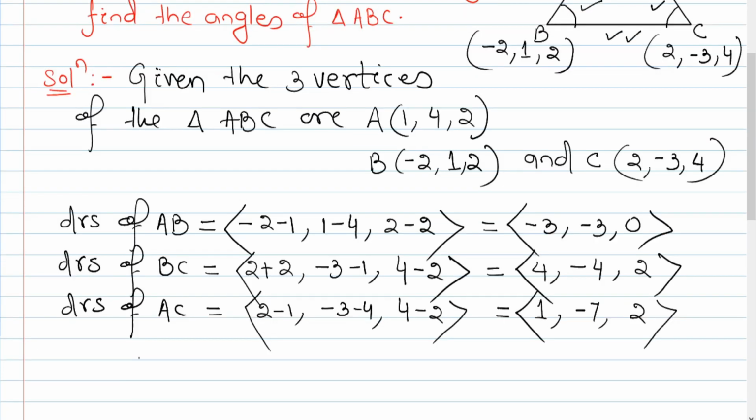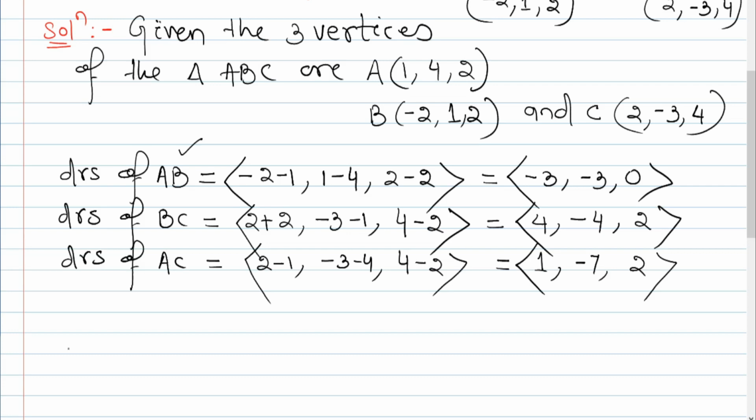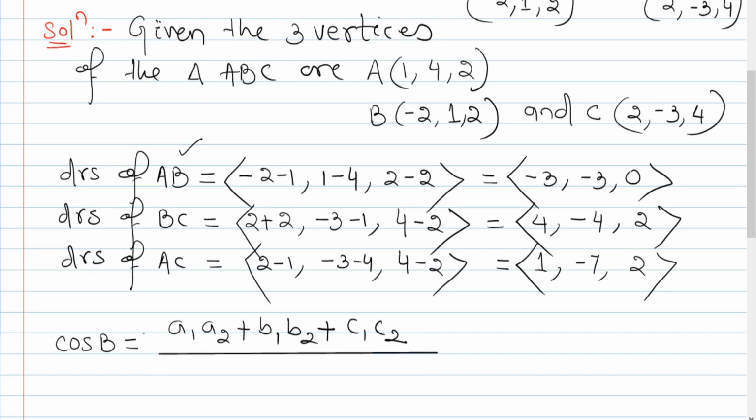So already you have found the DRs of AB, BC and AC. Suppose you have to find first the angle B. So you have to take the DRs of AB and BC, then you can find the angle B. If you find cos B with the help of the formula, that is a1 a2 plus b1 b2 plus c1 c2 whole divided by root over a1 square plus b1 square plus c1 square, into root over a2 square plus b2 square plus c2 square.